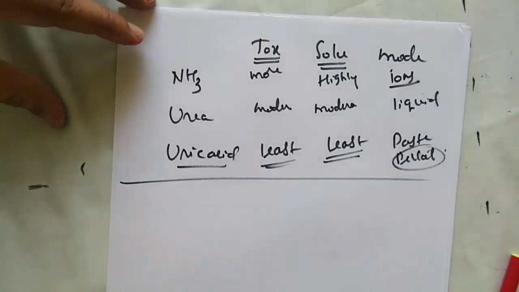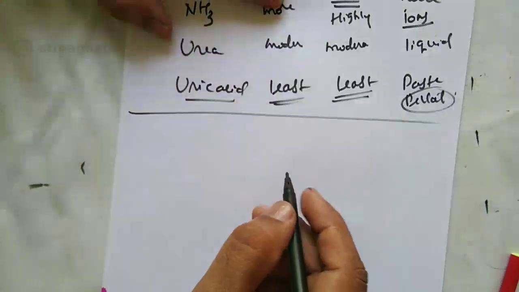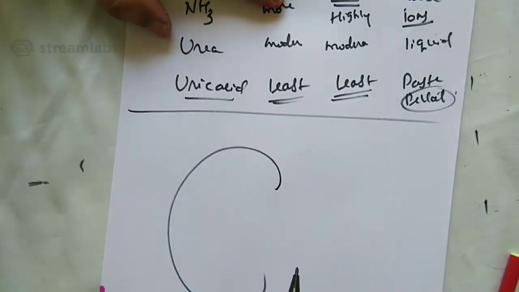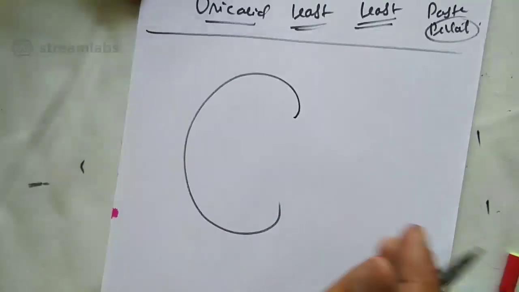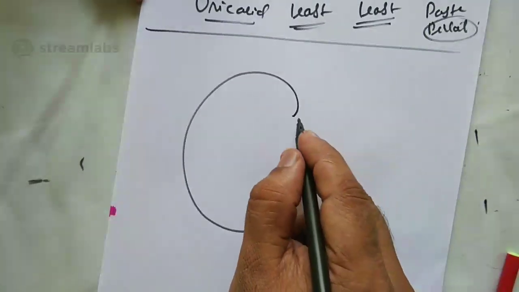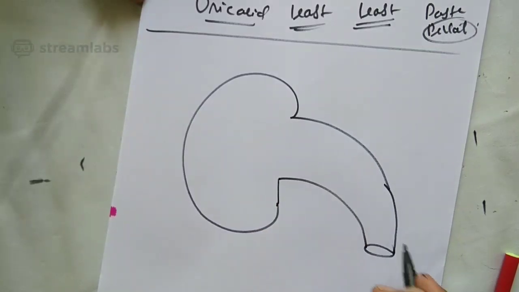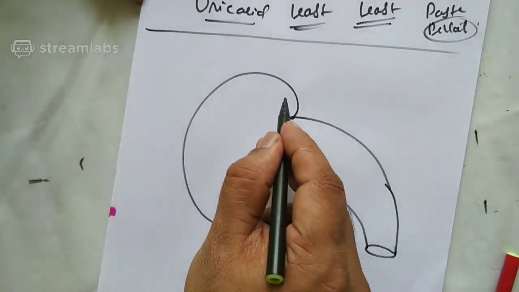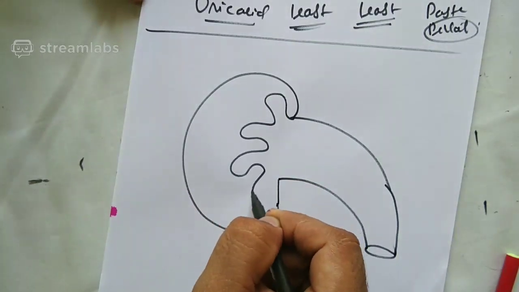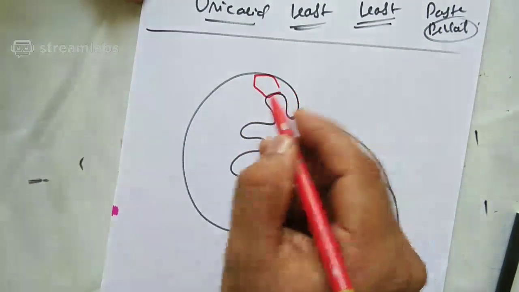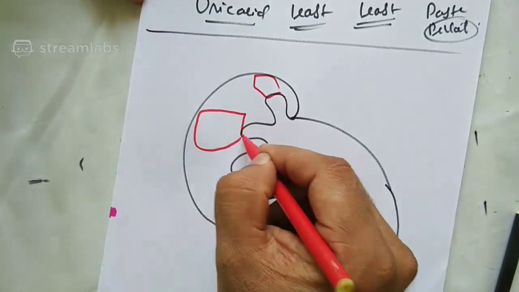The next aspect which I'm going to discuss is the structure of the kidney first. See here now. When I take the kidney, the bean-shaped structure, here is the pelvis, the renal pelvis. The renal pelvis will extend as calyces, renal calyces. Upon the renal calyx, there are pyramids, which are also called medullary pyramids.